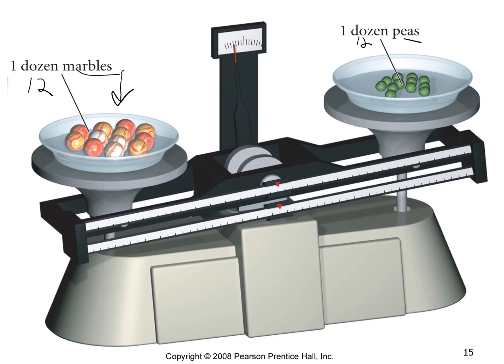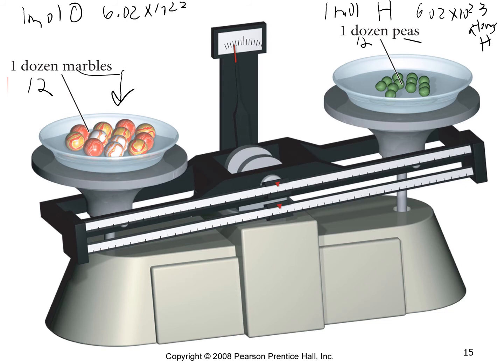So if I had 1 mole of hydrogen, we know that that would be 6.02 times 10 to the 23rd atoms of hydrogen. And let's say I want to compare that to a mole of oxygen. So it's also going to contain 6.02 times 10 to the 23rd, because again, that's our definition.